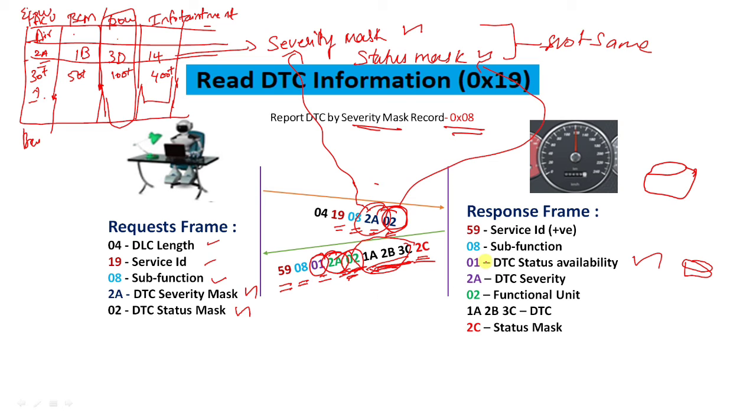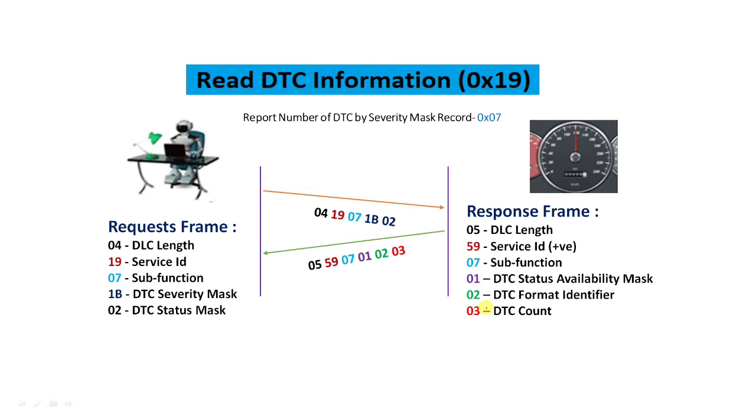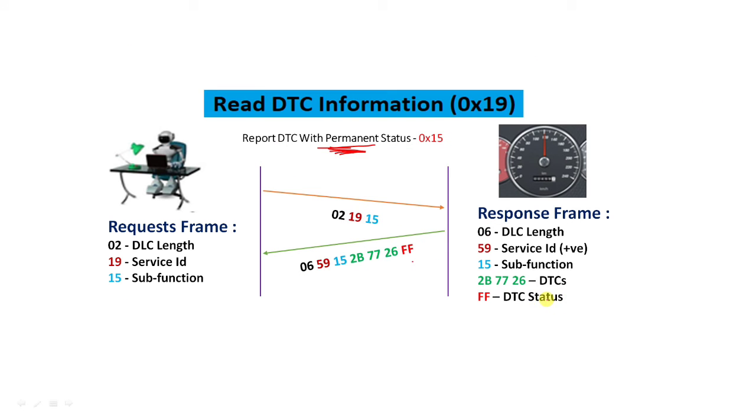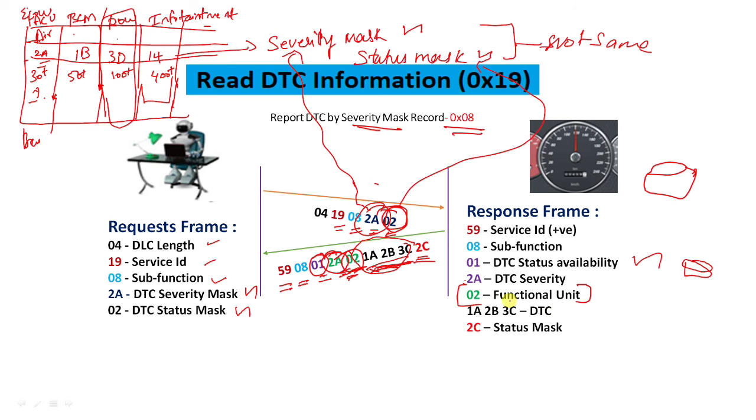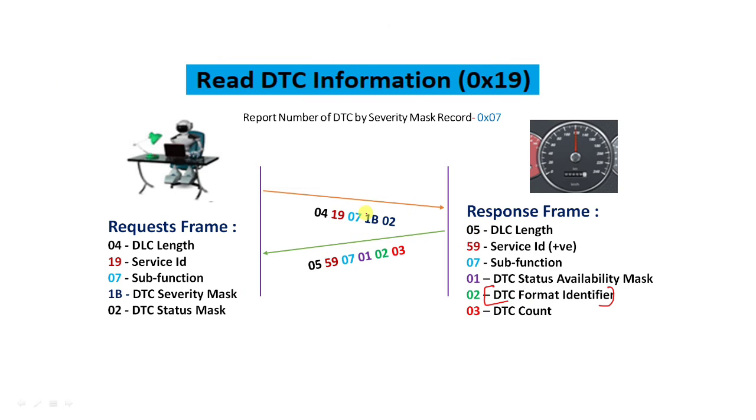All right, because for storing these numbers or for storing this special stuff, you need some container. Here the functional unit itself is taking care of that. All right, if you see in the previous videos, you'll see format identifier. So in so many places you have format identifier, right? See, but here it is a functional unit.